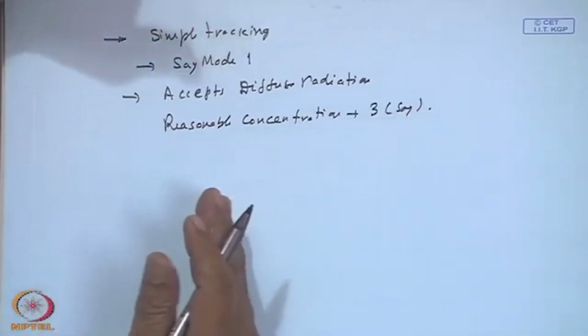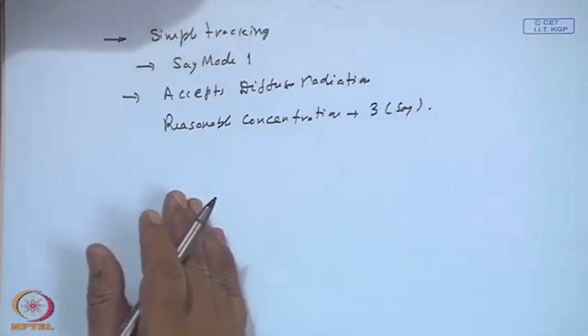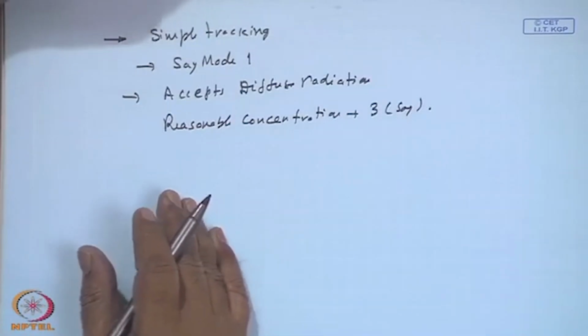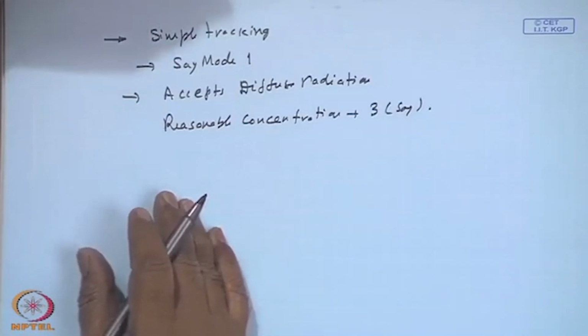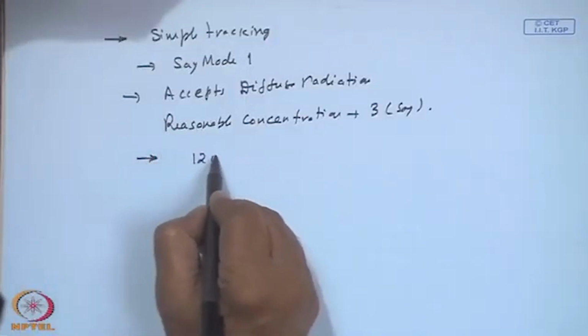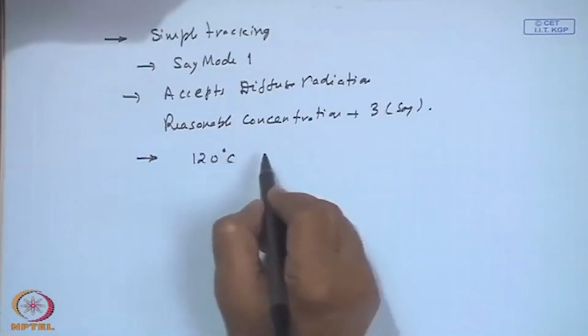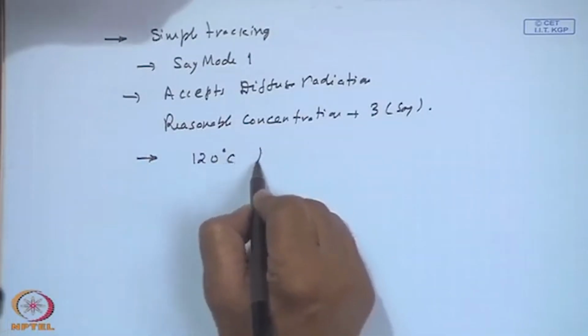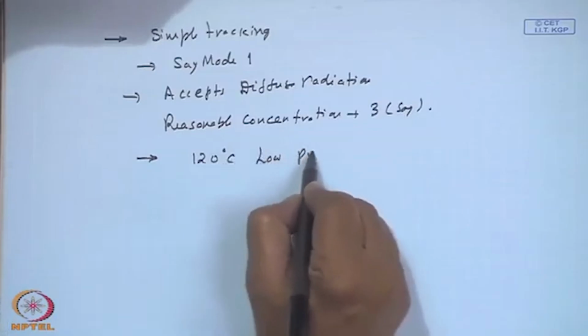Now, if you go for a very high concentration ratio with a so called compound parabolic collector, then your acceptance angle will become less and less. Consequently, it will not be accepting a lot of solar radiation entering beyond those angles. So, something like 3 is okay, which is good enough for 120 degrees C, let us say low pressure steam.